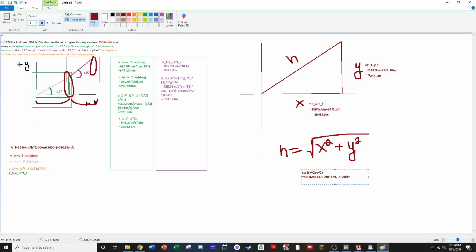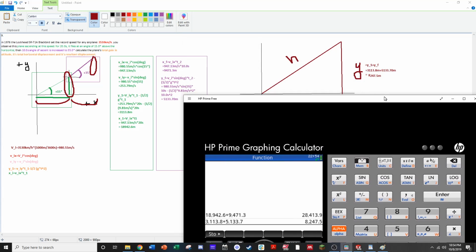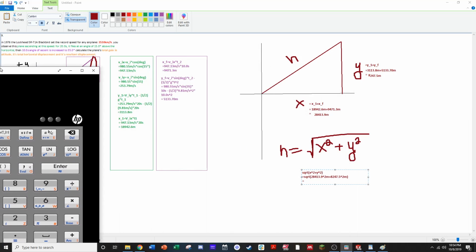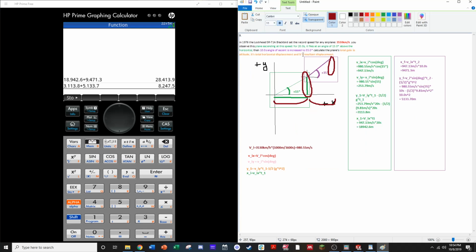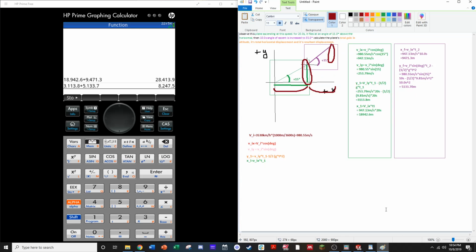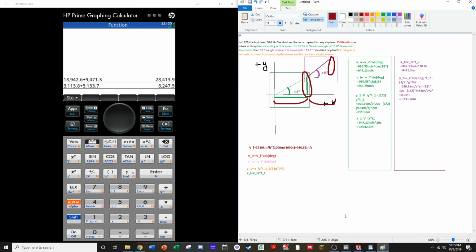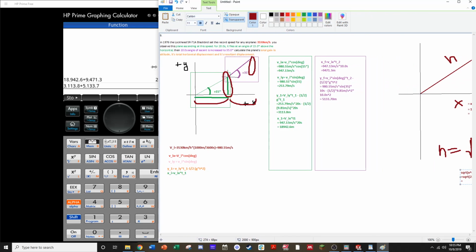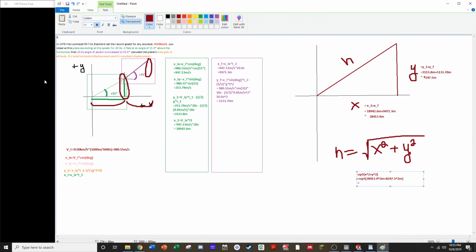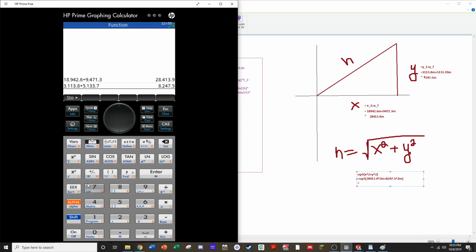And then that's going to equal, once we plug it into our calculator, and I'm going to minimize this as much as possible. So I'll just put it over here so I can see what I'm doing. Okay, so I'm going to clear this.